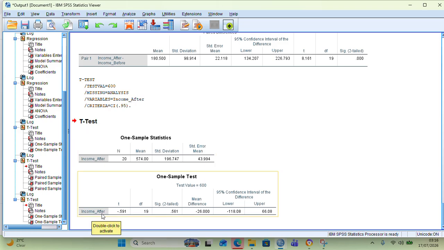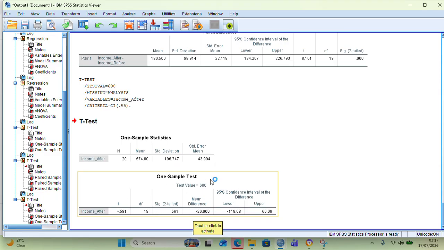And then you can come to the one sample t-test table where the test value we hypothesized is 600, and then you have the t of negative 0.591, degrees of freedom 19, significance two-tailed 0.561, which is not significant, and then mean difference negative 26, and then we have this 95% confidence interval of the difference.